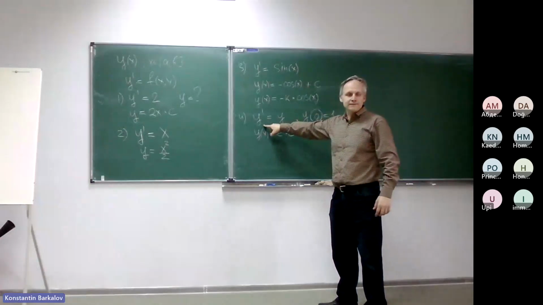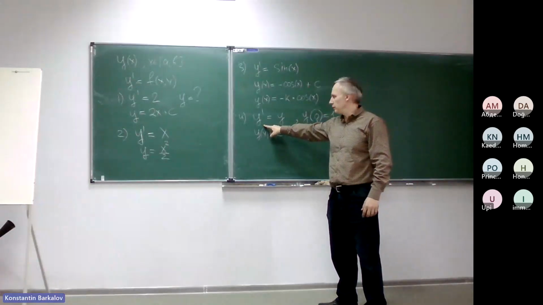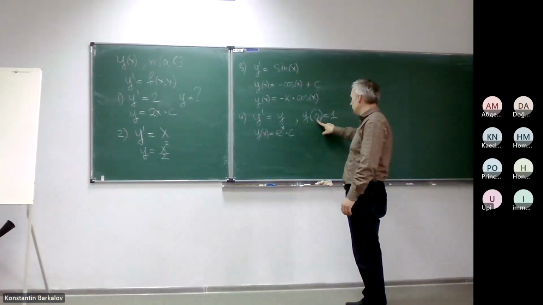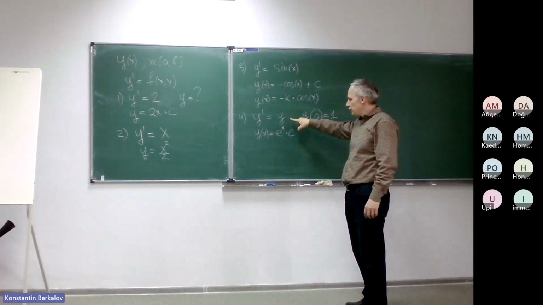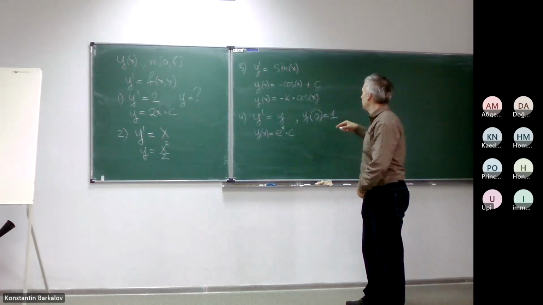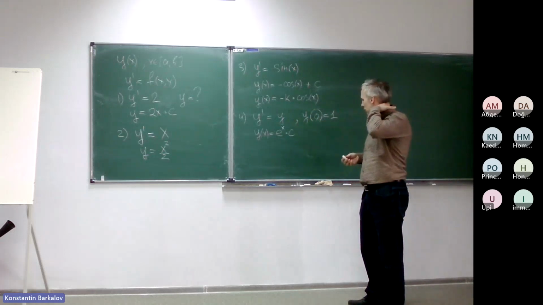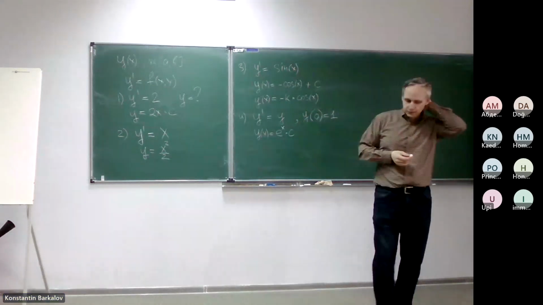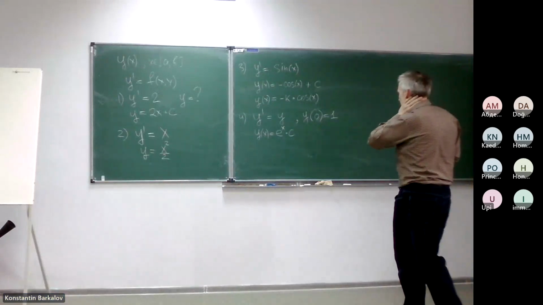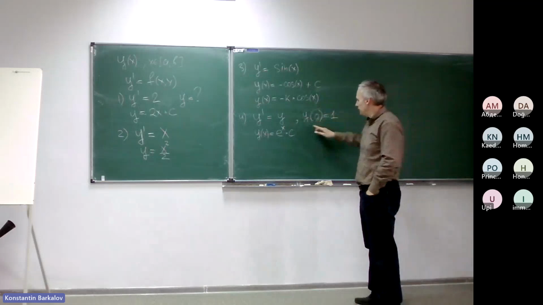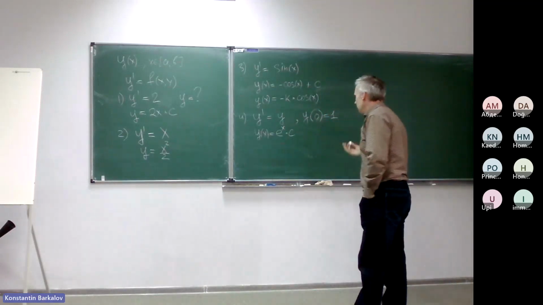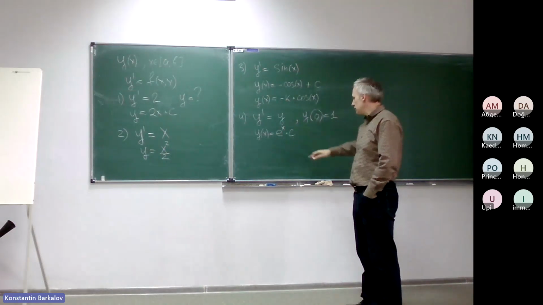We know the differential equation, y prime equals y, and in addition to this equation, we should know y of 0 equals 1. And from this initial condition, we can find the constant.